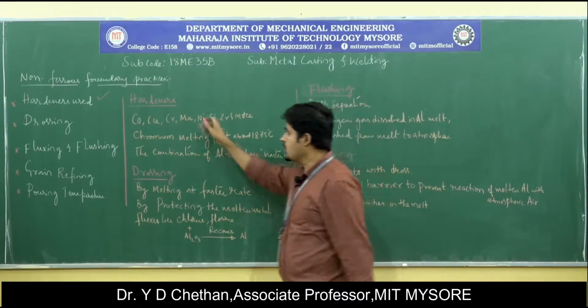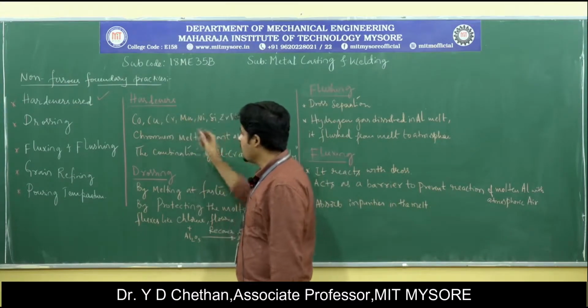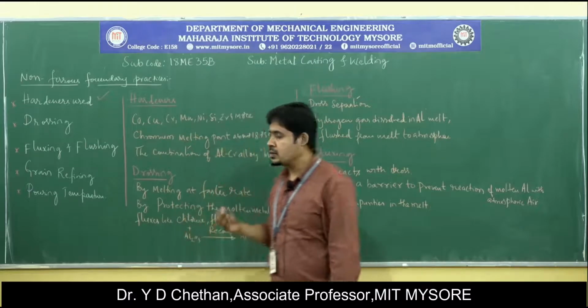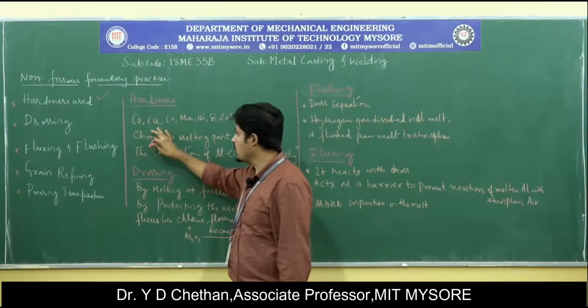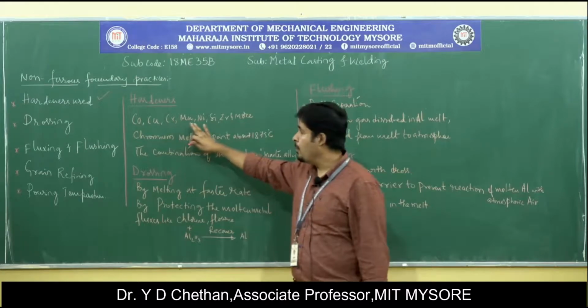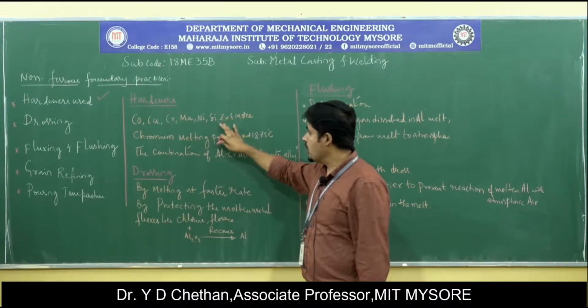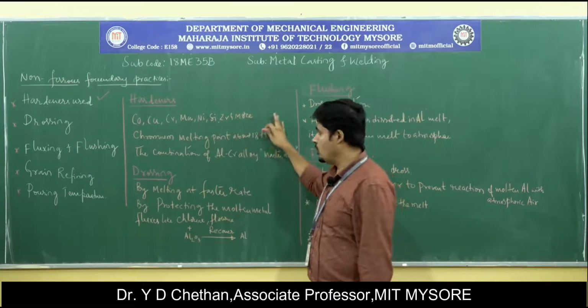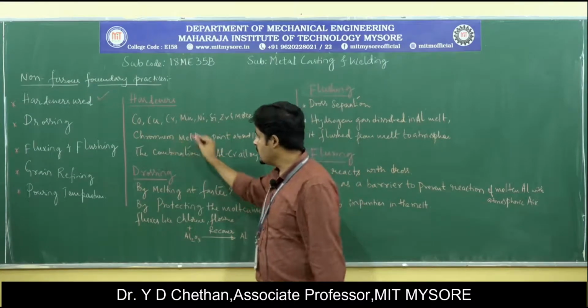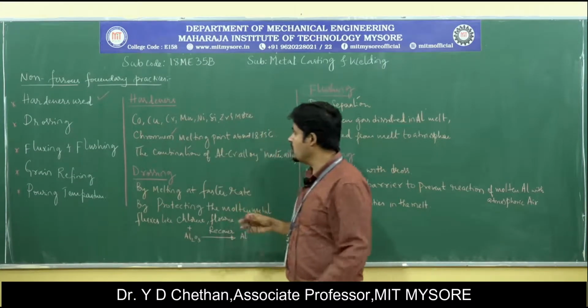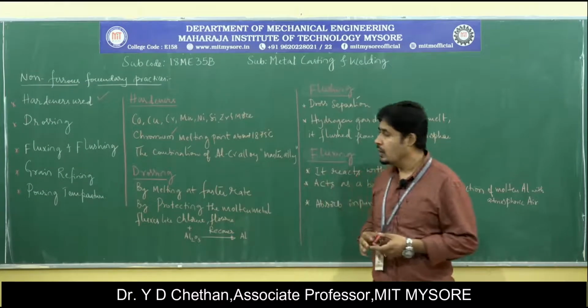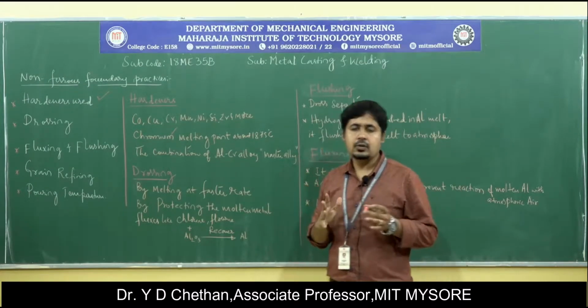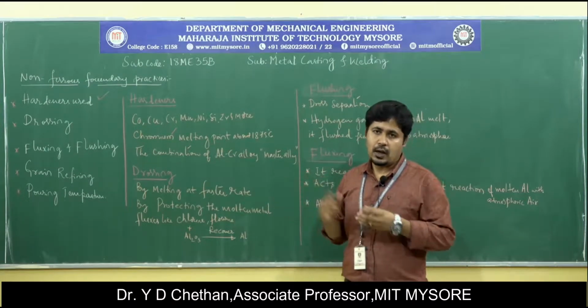Some hardeners available are cobalt, copper, chromium, magnesium, nickel, silicon, zirconium and more. Out of which chromium is considered to be the master hardener, more compatible with aluminum casting.